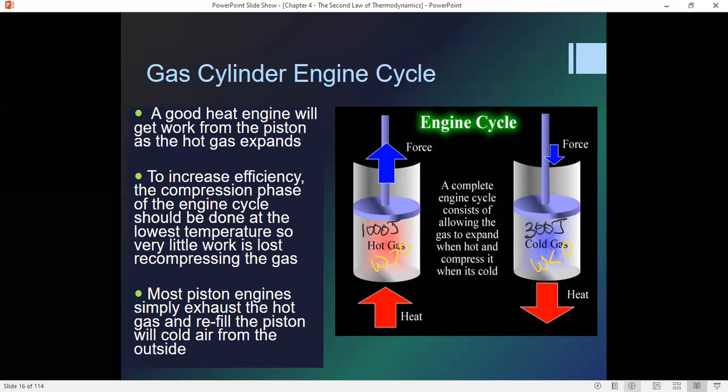That's a pretty good trade right there. That means that overall, I'm getting 700 joules every cycle. Only had to put 1,000 in, I'm getting 700 out. 70% efficiency is actually excellent for a heat engine. So again, heat engine, we allow expansion at a high temperature, we recompress the gas at a low temperature.